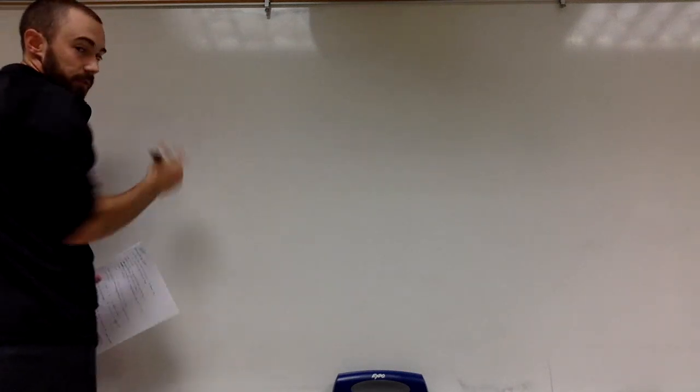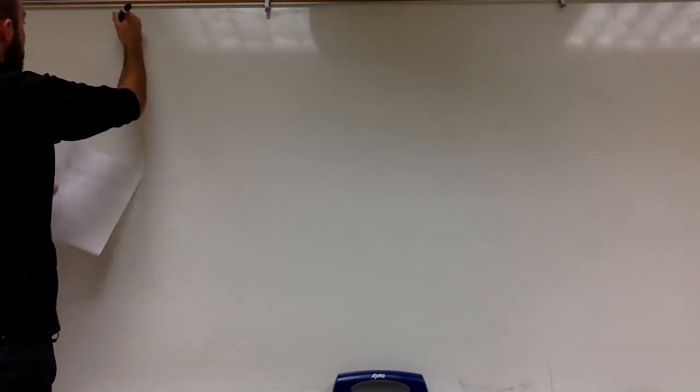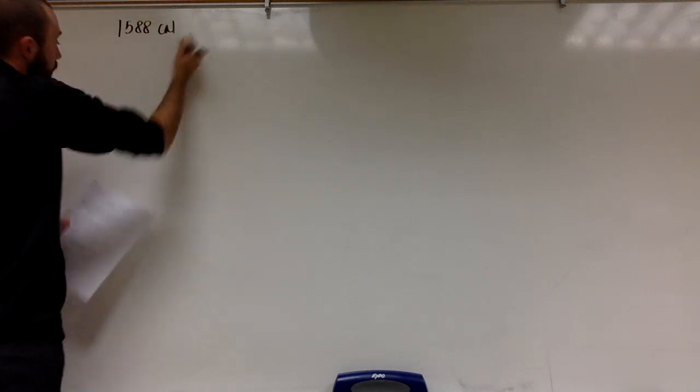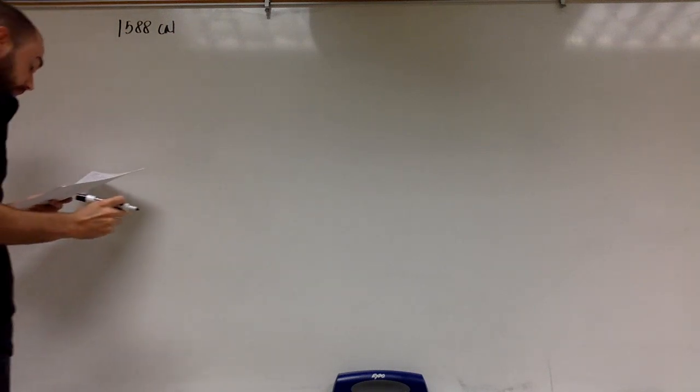Let's do a quick practice problem with it to see if you know how to use these units correctly. Let's say I ate a whole pizza. This is something I do on Saturdays. I tend to just put in a frozen pizza, eat the whole thing by myself. So let's say that I eat a 1588 calorie pizza. Remember, food calories are different than actual calories.